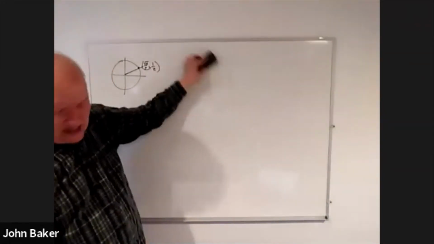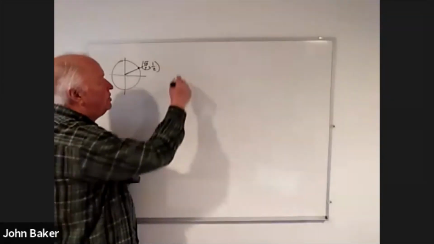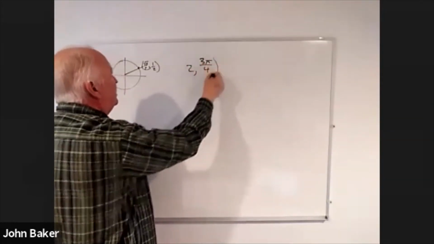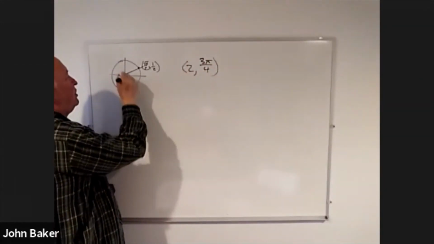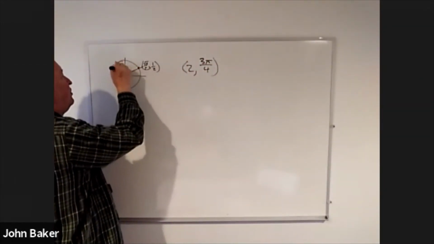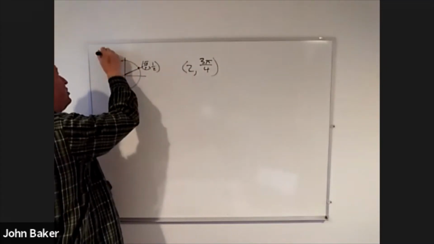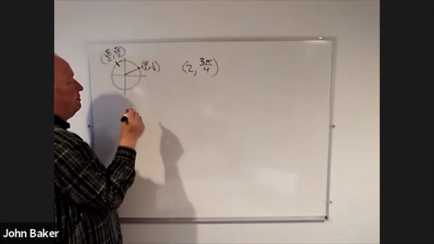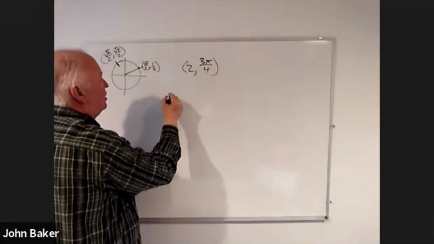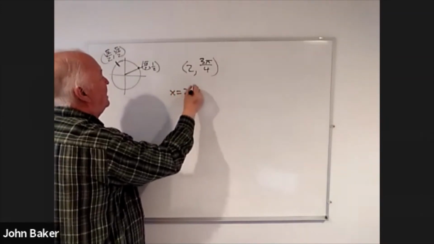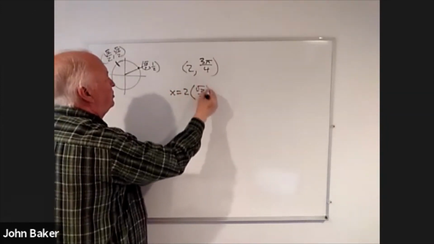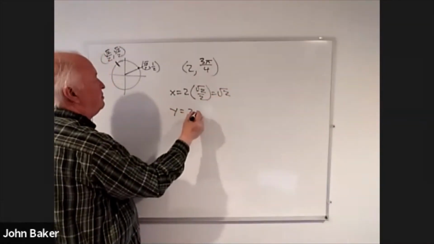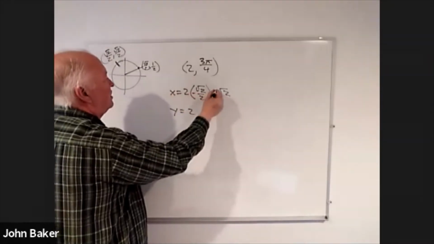Let's take a look at 2 at 3 pi over 4. 3 pi over 4 is here. It has coordinates square root of 2 over 2, square root of 2 over 2 on the unit circle. So x will equal 2 times the square root of 2 over 2, which is the square root of 2. Y will be the same, except x is negative.